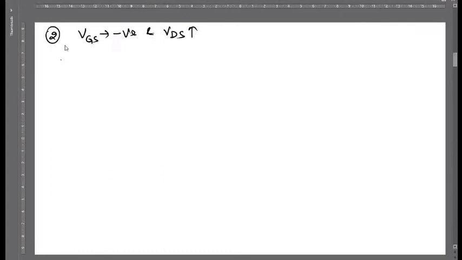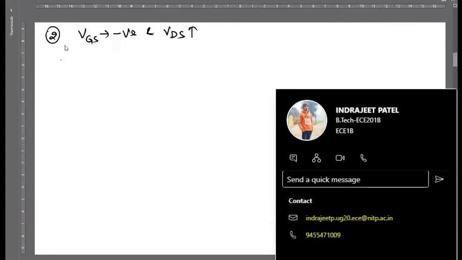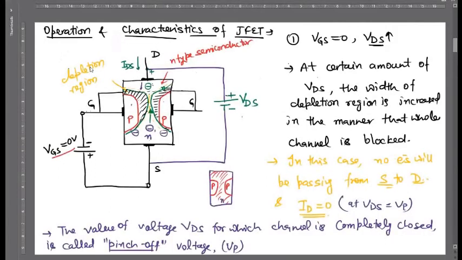You see, this is the second step. VGS, we are applying a negative voltage here on the gate and source terminal. Okay, gate to source terminal, we are applying a negative voltage. This is being called VGS. Fine, in second step, VGS is negative.